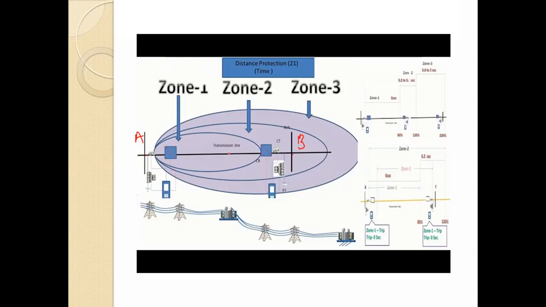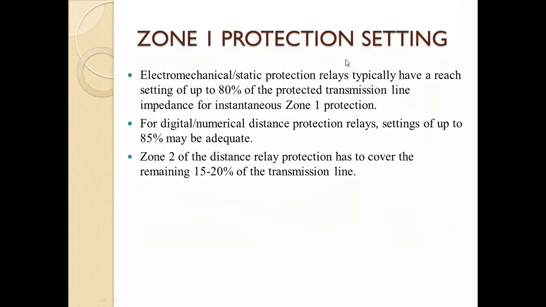If any fault occurs here, the relay will operate immediately, within 0 seconds, and your relay will trip when the fault occurs in zone 1. This is the zone 1 protection setting.